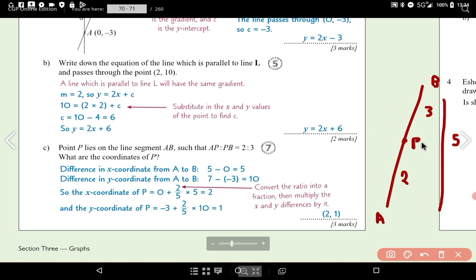Here, the coordinates for A, are we given the coordinates for A? Yeah, (0, -3), we're still on the same one. Then the coordinates for B, I've forgotten, let me just check.